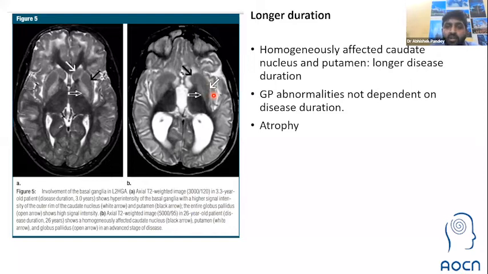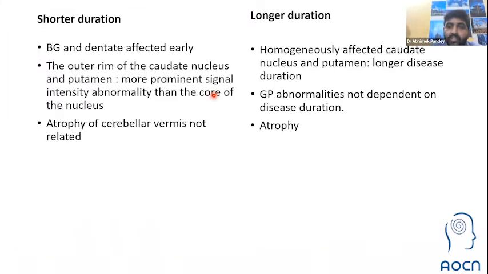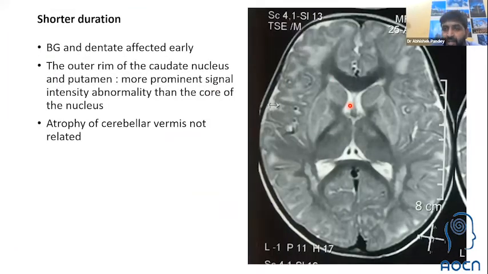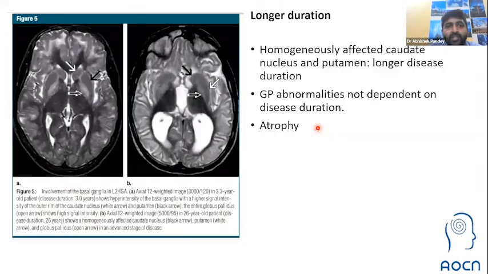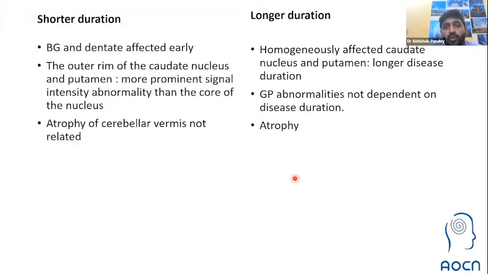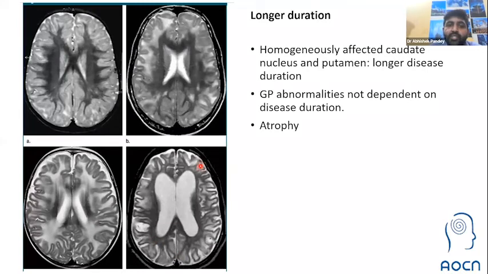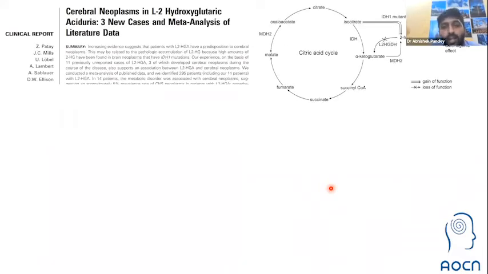So by looking at the caudate and putamen, we can guess the age of the disease. Also, along with age, significant atrophy sets in, and we can also observe ventriculomegaly.